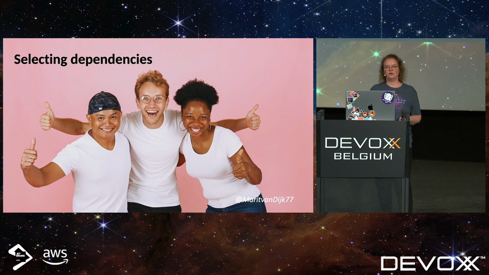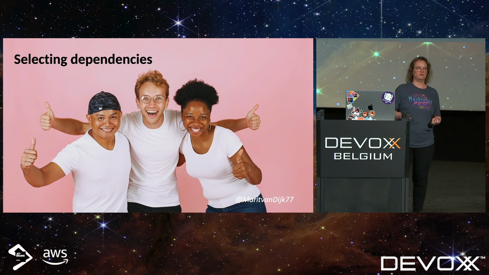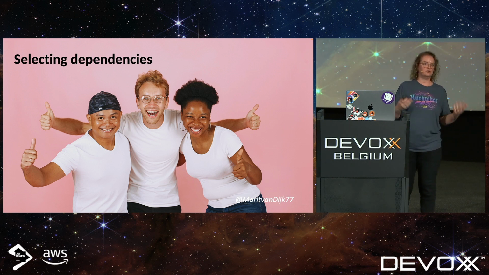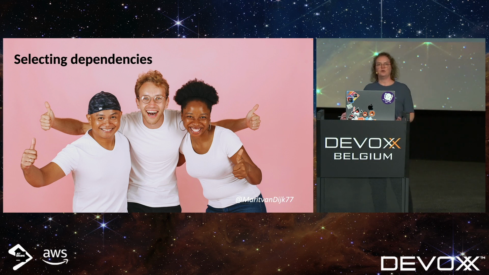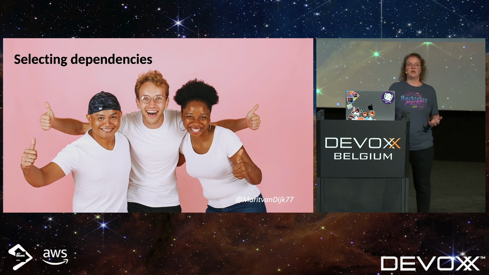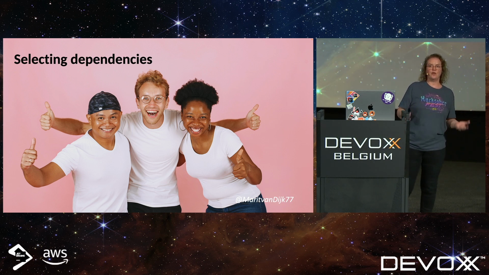Another thing to consider when selecting dependencies is the community. If it's a popular product or library, there will be more people who are talking about it, writing about it, who might be active in communities to help other users and answer questions. And another thing is, is the community helpful and welcoming?